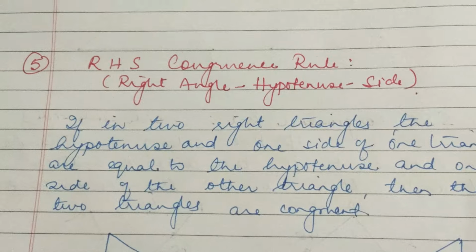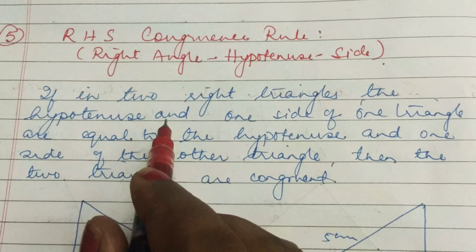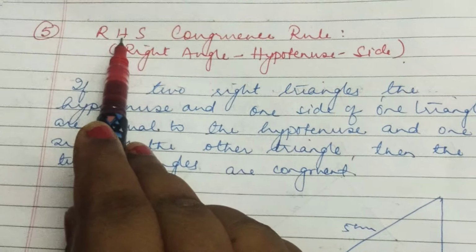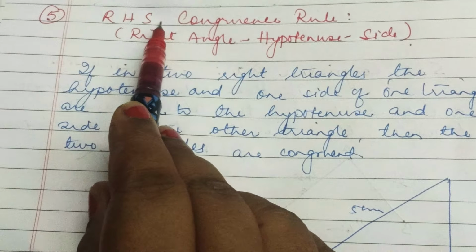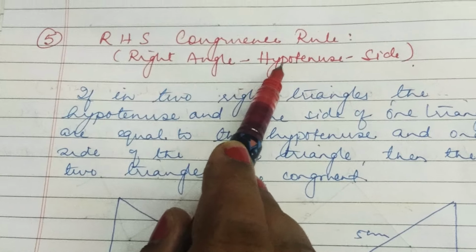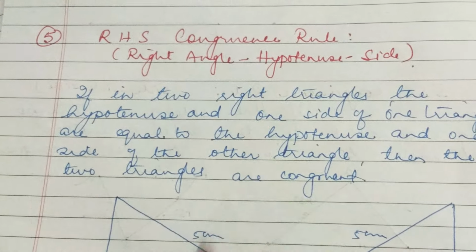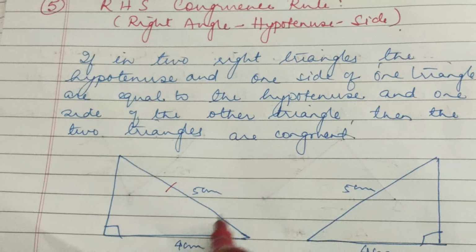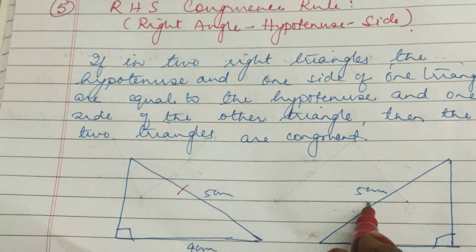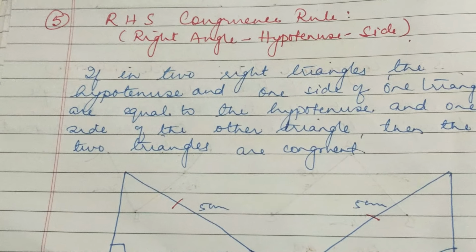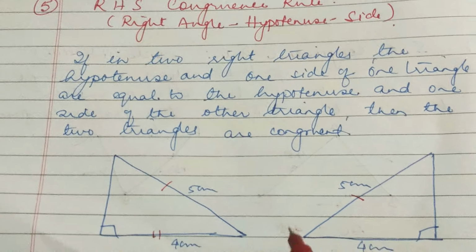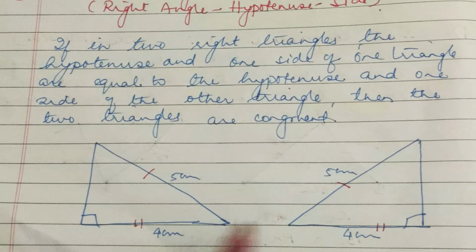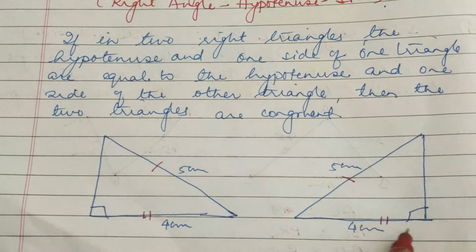Now next is RHS congruency rule. RHS means right angle, hypotenuse, and side. This is applicable for right angled triangles. In this case, if in two right triangles, the hypotenuse of one triangle is equal to the hypotenuse of the other triangle, and one side of one triangle is equal to one side of the other triangle, then the two triangles are said to be congruent, because the angle will be 90 degrees.